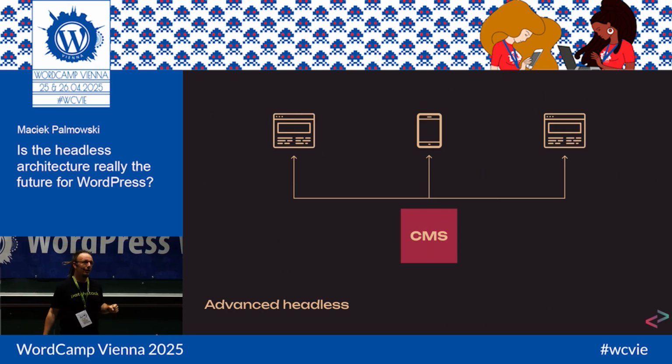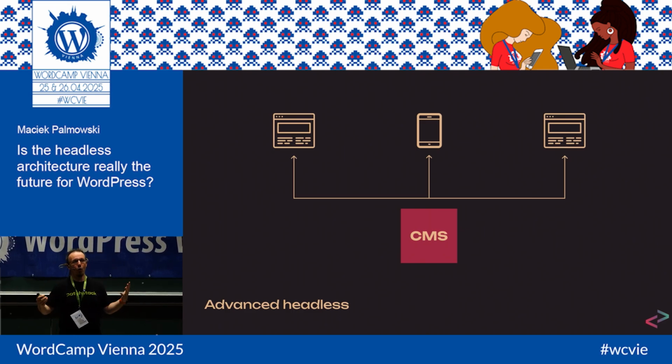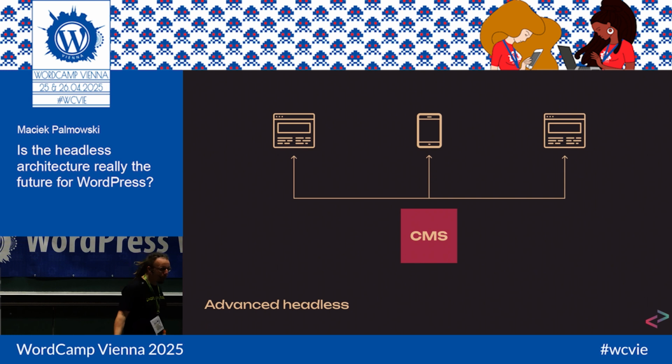You go into your WordPress, go to the About page, and edit it. After a moment, all of those websites that are getting data from your WordPress will also get updated. So you have, like I said, one CMS to rule them all. It's much easier than managing, I don't know, 20 separate WordPresses.